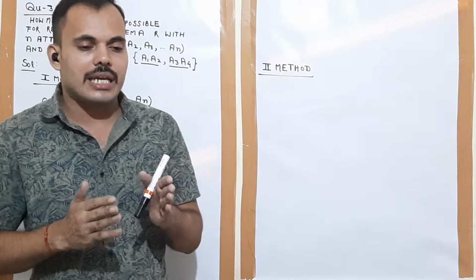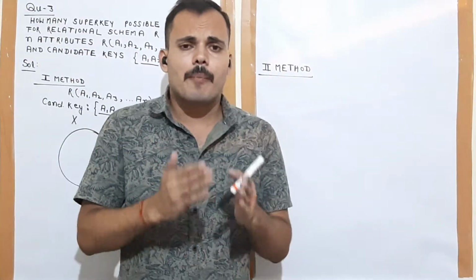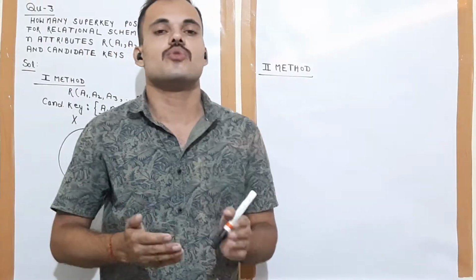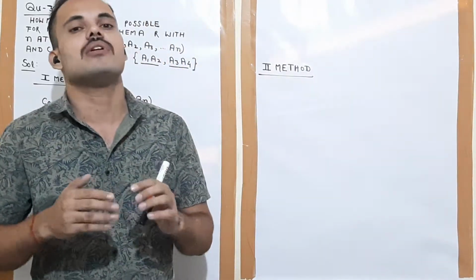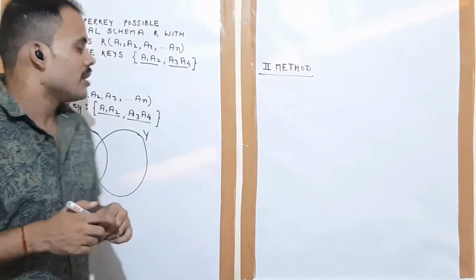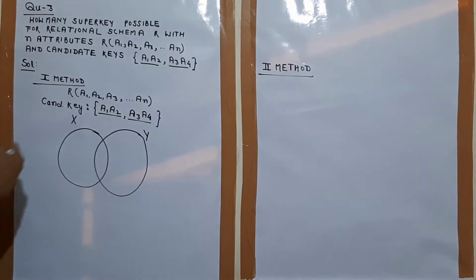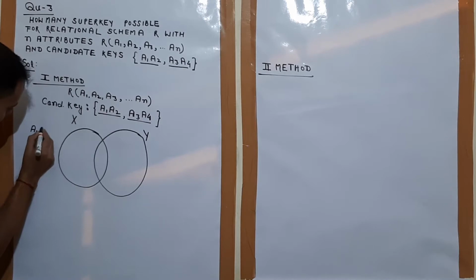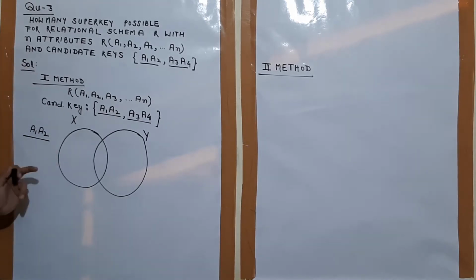So if we combine 0 or more other attributes with the candidate key, we will get super keys. See, this is the candidate key A1, A2.